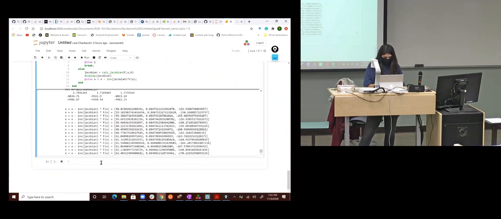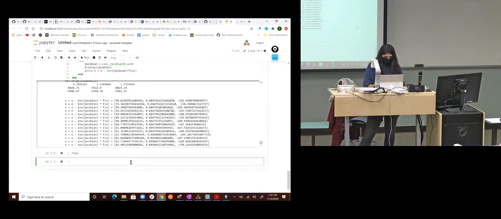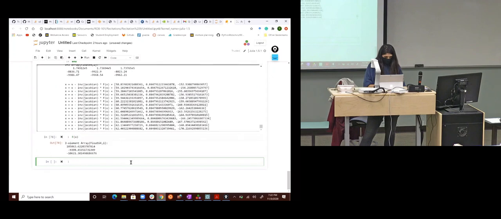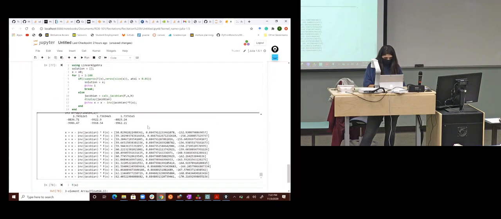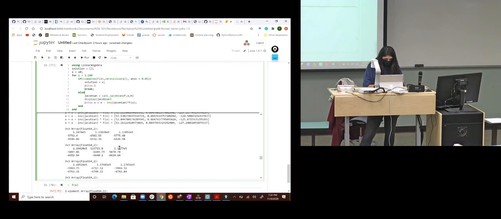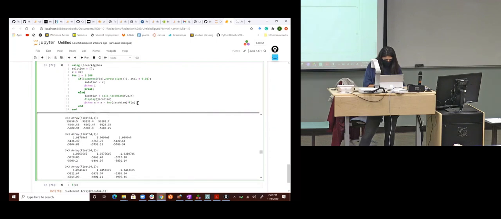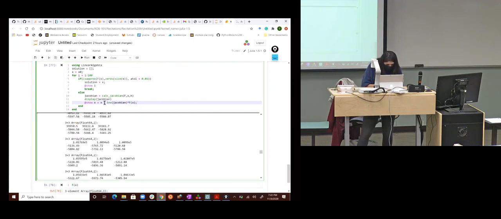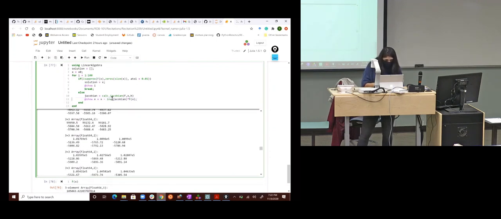And let's see what f of x is. Oh, that's not it. Why do I need this? Yeah, don't need to switch coding.